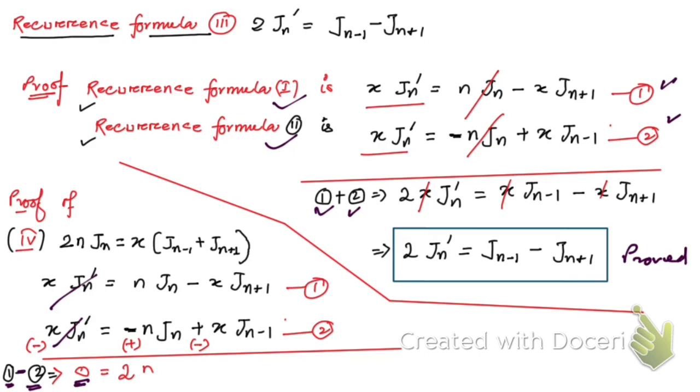Then on the right hand side, as we have taken this one as positive now, these two terms should be added. So adding these two, what we have got, 2nJn, right? And on the other side this is negative now, this is also negative, because we are subtracting equation number 2, so there will be a minus sign before this, so positive, negative, negative. So here we have negative, this is also negative, so we have to add the two terms. So here we have got this result, right?